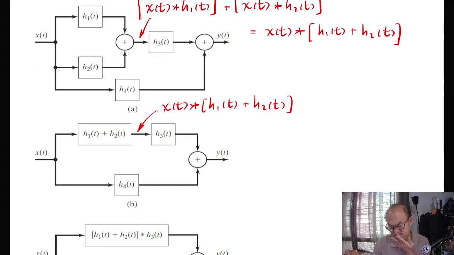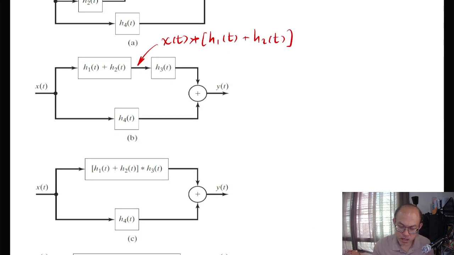And then the outcome here is applied to another system, h of 3. So we know from associativity, going from B to C, we use associativity.